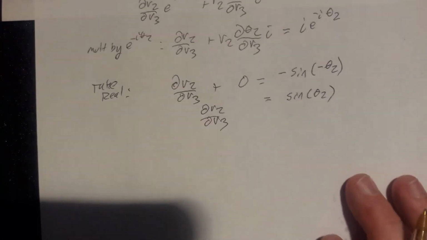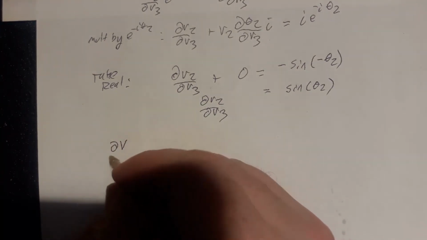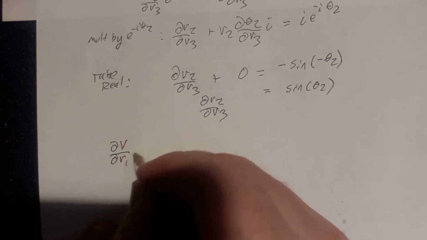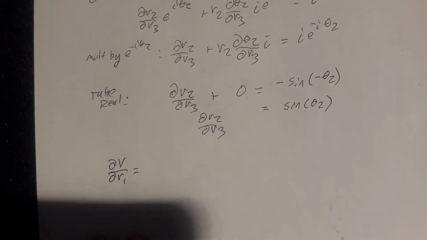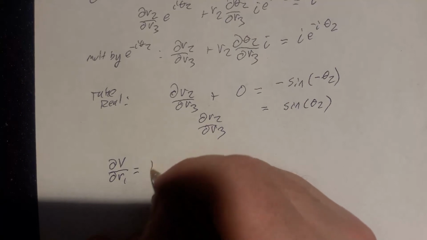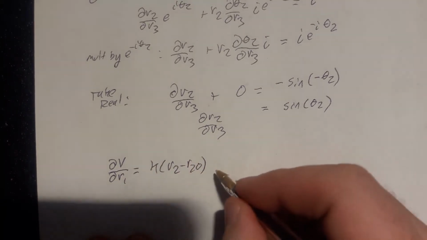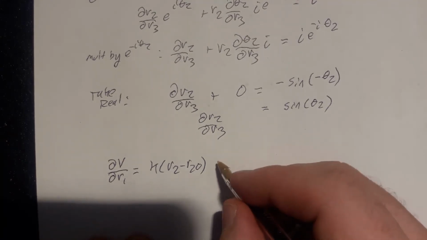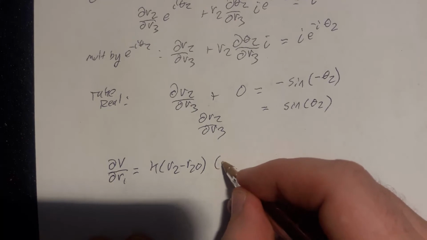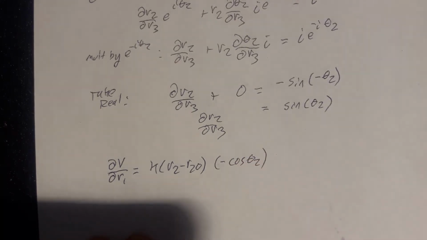Now we can plug those expressions back into our expression for virtual work, which we had. We had dV/dr1 is equal to k (r2 minus r2 naught) times dr2/dr1, and we found that was just equal to minus cosine theta 2.